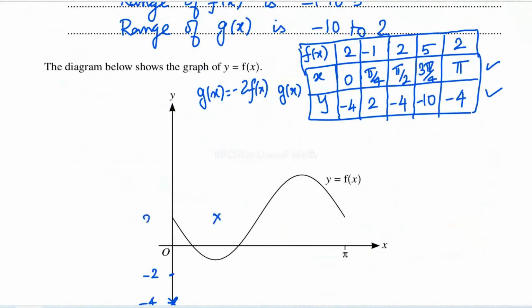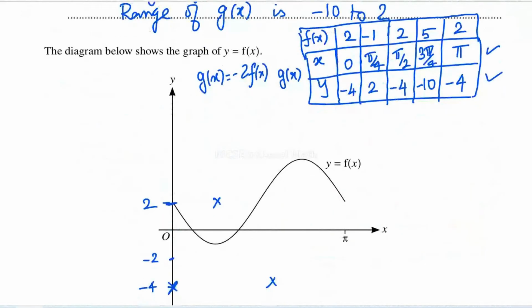Because this is 2. Next, pi over 2, -4. Then 3 pi over 4, -10.